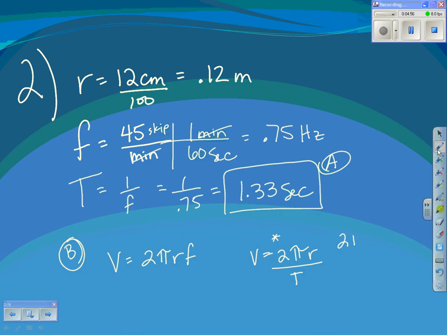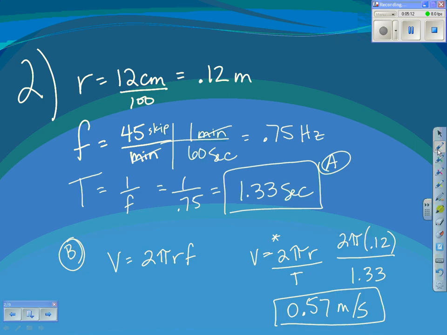So I used 2 pi times 0.12 divided by 1.33, and that gave me an answer of 0.57 meters per second. You could have done 2 pi times 0.12 times 0.75, and you should get roughly the same answer, if not exactly the same. So again, you can pick and choose the formula.